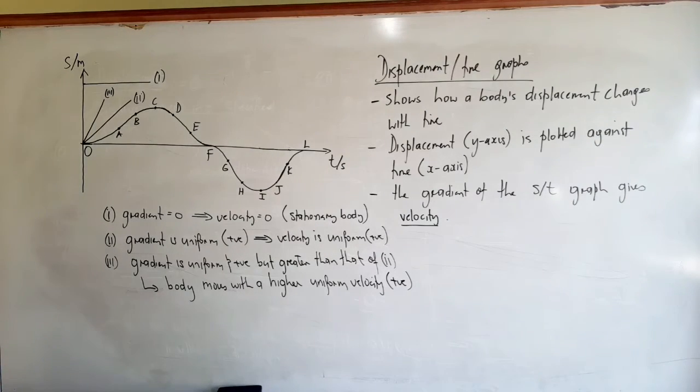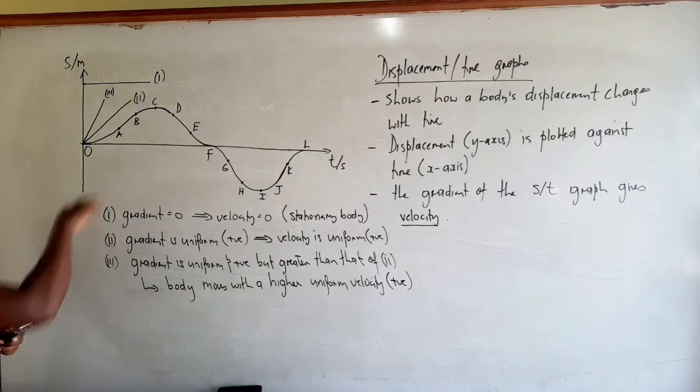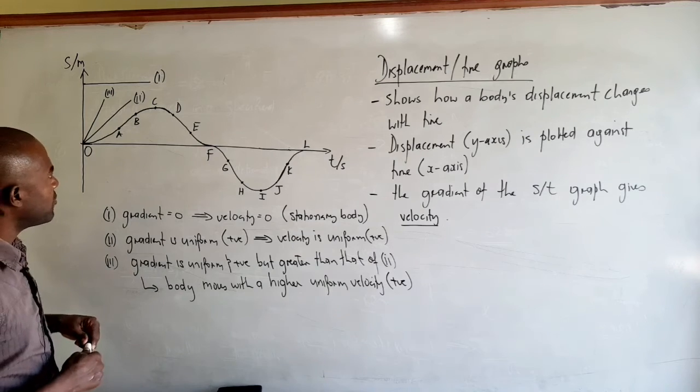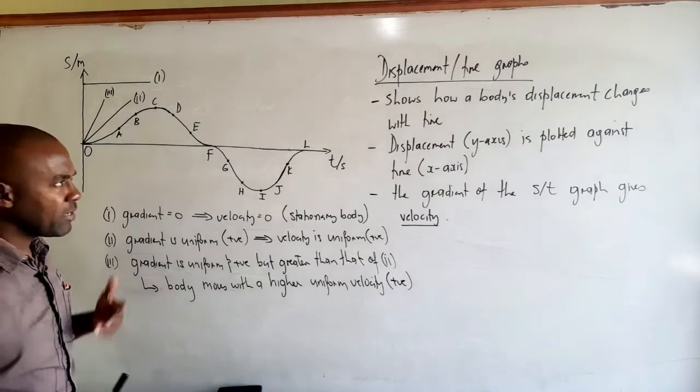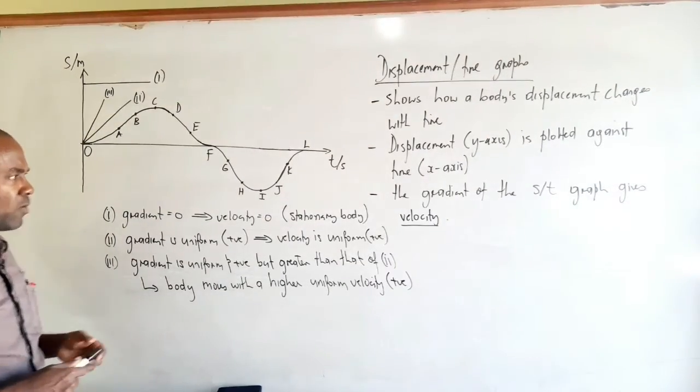Good. So having examined those 3 graphs, we will then of course examine the curve, right? And just as before, we'll analyze the gradient, and we'll be able to use that to tell what is happening to the body's velocity and so on.